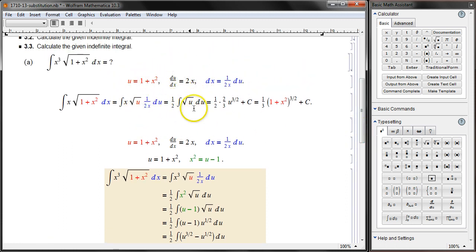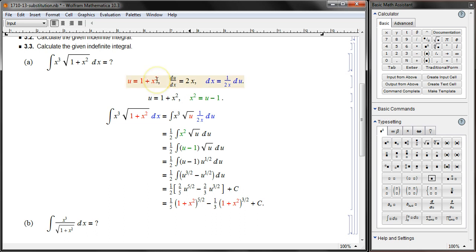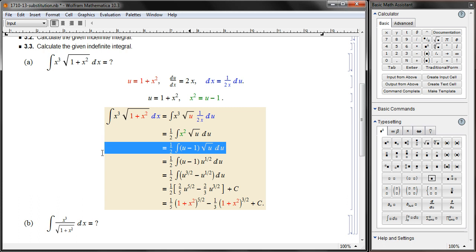This would have been an easier problem, but unfortunately our problem is a heck of a lot longer. We take substitution, derivative computation, and differential and put everything in. Great, but then again, our trouble is just beginning. This x squared is not going away. So what do we do? Let's go back to the original substitution and then solve for x squared and then put those u expressions back in. And now we have a u integral to work out, but this is a far more complicated u integral.